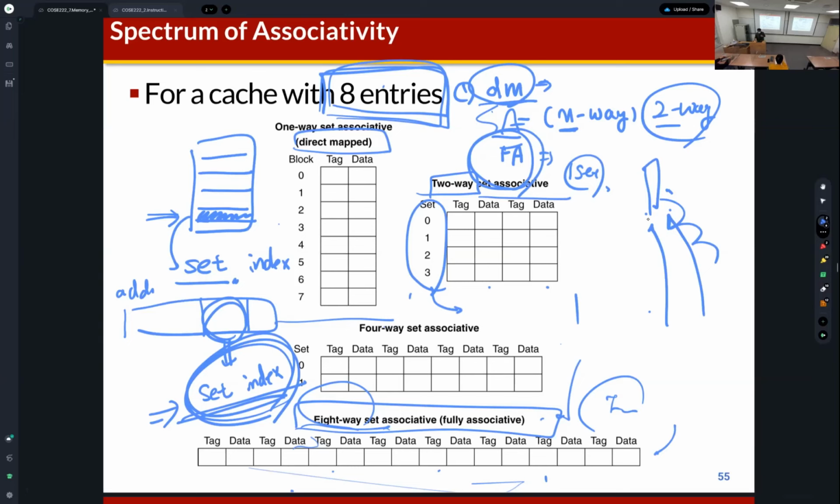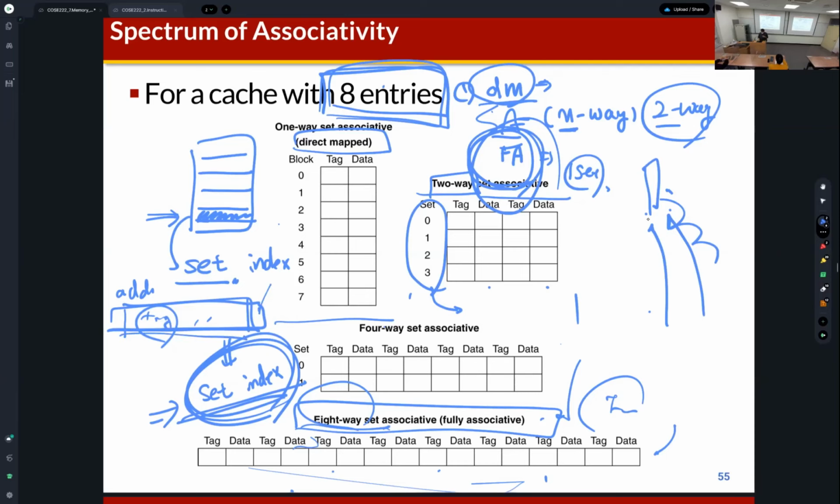Okay, so using the fully associative cache, there is no address field for the set index, because it has only one set. So the tag occupies the entire address field except the block offset, right? Because it's a fully associative cache.